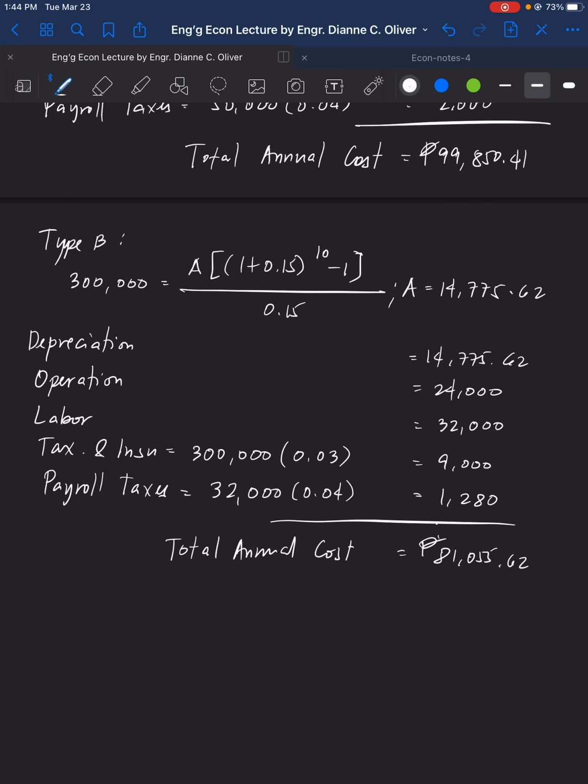So annual savings is 99,850.41 minus 81,055.62, and the answer here is 18,794.79.